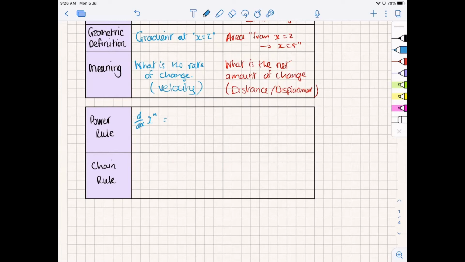We drop the power down to the front, and then you minus 1. We reduce the power by 1. So we drop the power and then reduce the power.